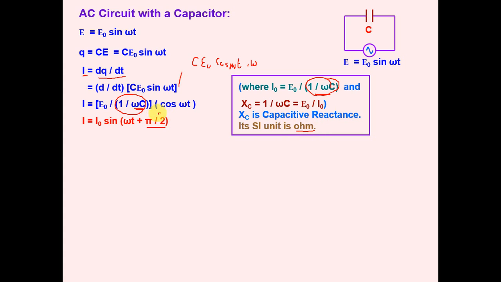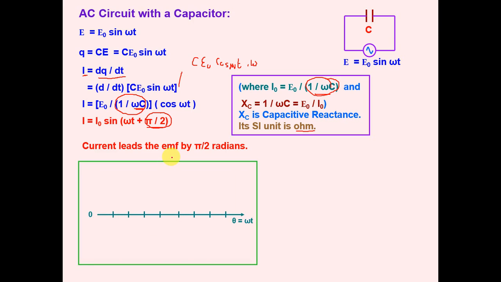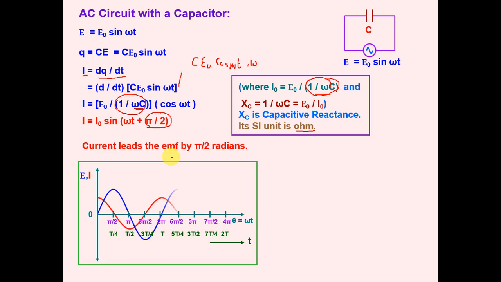And you can see here again a phase angle of pi by 2 has been introduced. But the current here is leading, this is plus pi by 2. So current is leading the EMF by pi by 2 radians. You can see the graphical representation: current is leading by a phase of pi by 2.